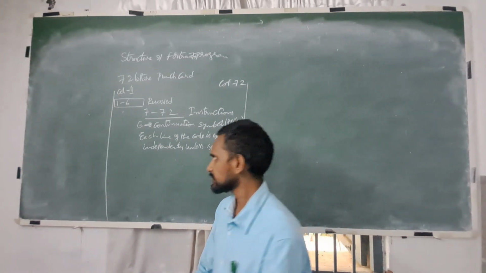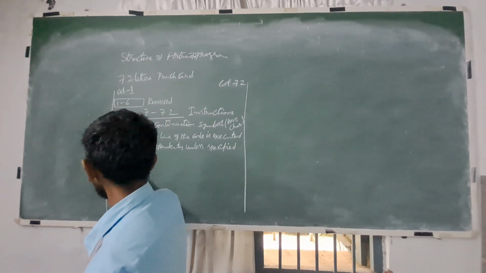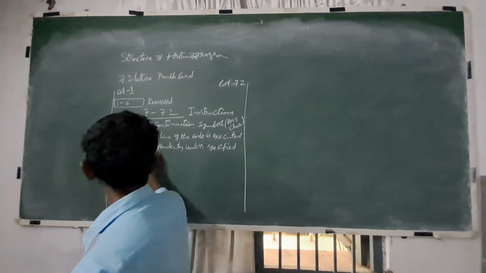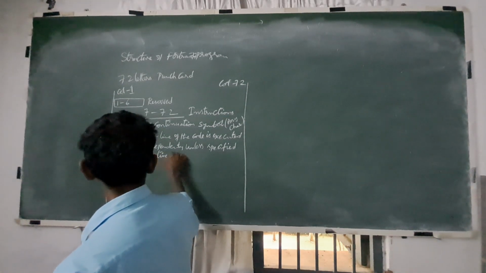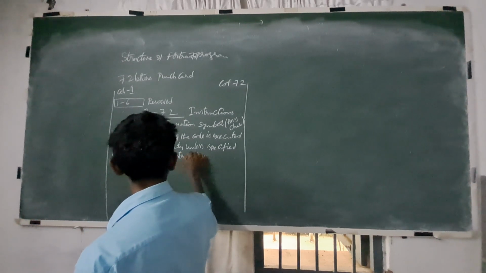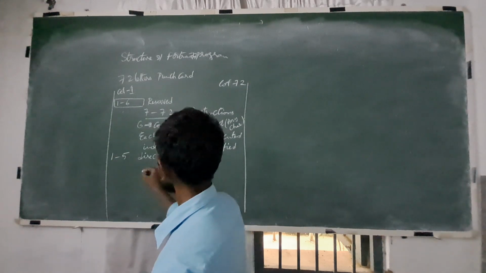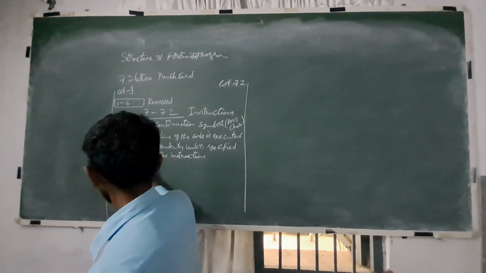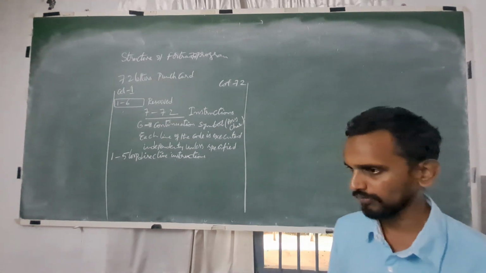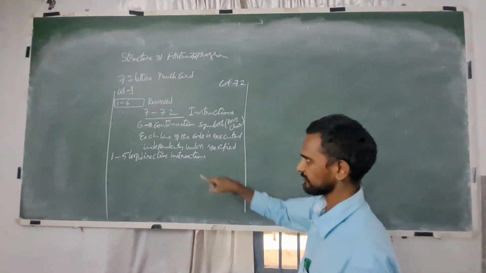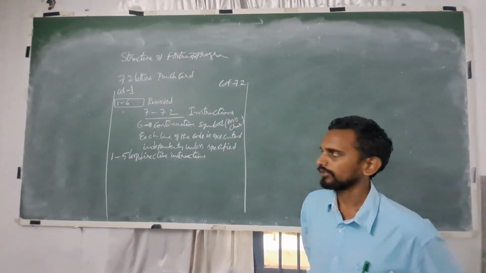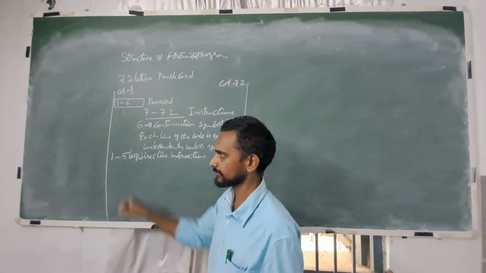Columns 1 to 5 are used for directive instructions, meaning loop directives. For loops, do loops, whatever looping instructions. When you want to go back to a previous instruction, you have to specify this number.